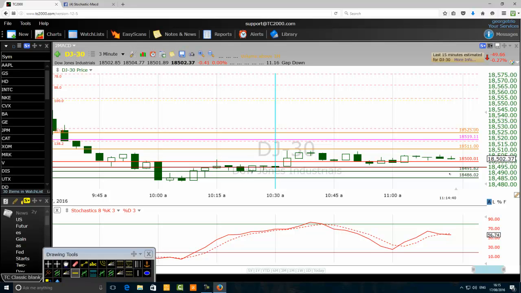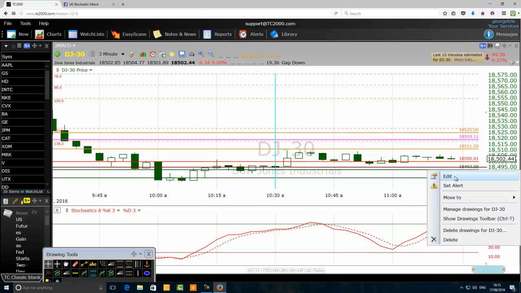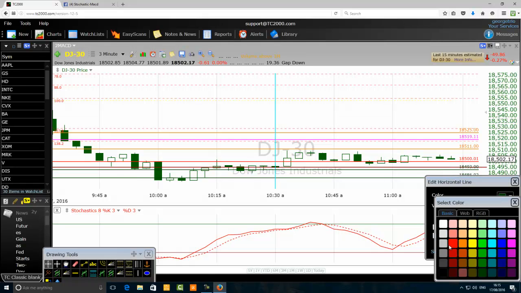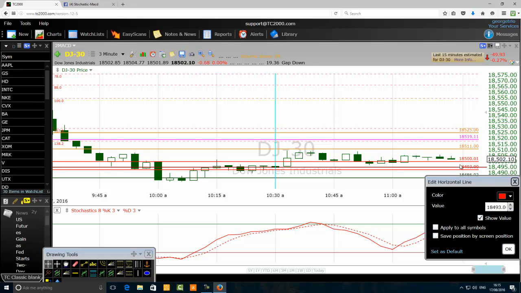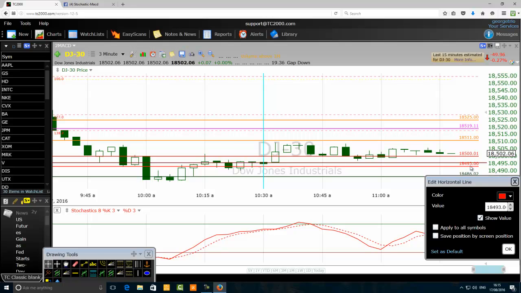Now I'll put it at 184.93. That's 18 pips for my second trade. 184.93 is my second stop loss right here for this trade that I took at 185.11. Using 18 pips for this trade, and 25 pips for the first trade.